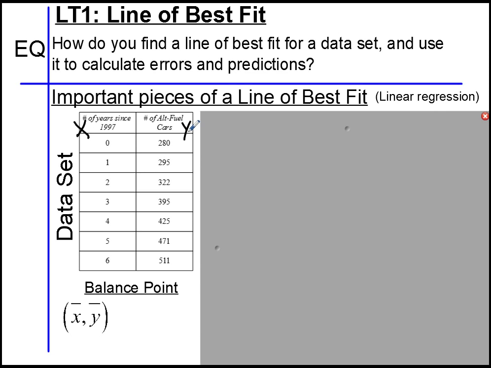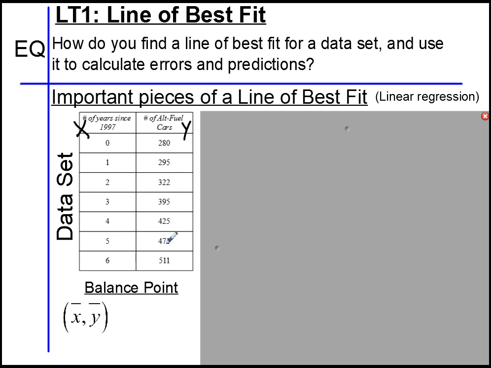There's also a spot in the data that is perfectly balanced. It's called the balance point. You find the balance point by finding the average of the X's and the average of the Y's. That's what this little line above the X and the Y mean. It means average. And if you remember, to find an average, we take all the X's and we add them all up and we divide by how many there are. So 0 plus 1 plus 2 plus 3 plus 4 plus 5 plus 6 divided by 7.